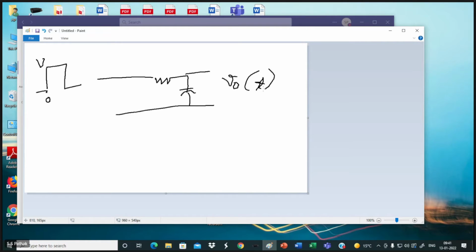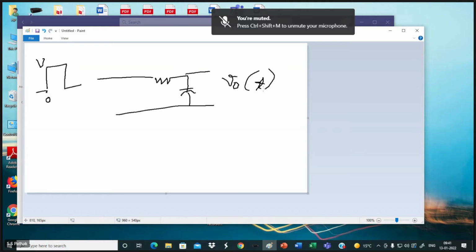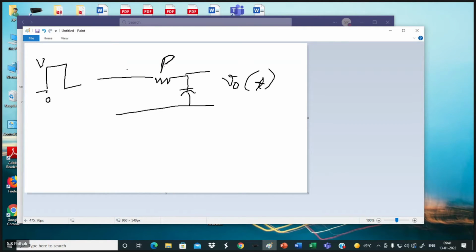I'm coming to this now. R and C, same thing. Here is my R, here is my C, and this voltage is applied. In this case, what happens? I am plotting V naught T here. It is 0, here it is T1. Other pulses I can take later on.